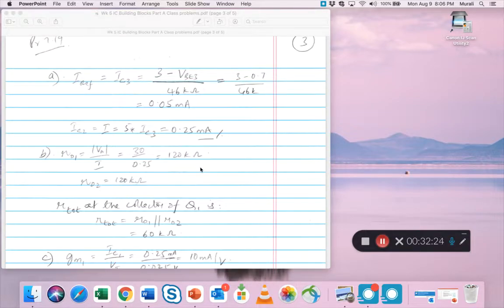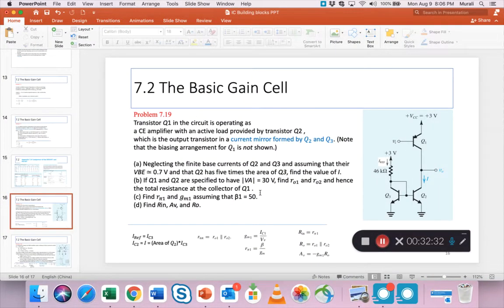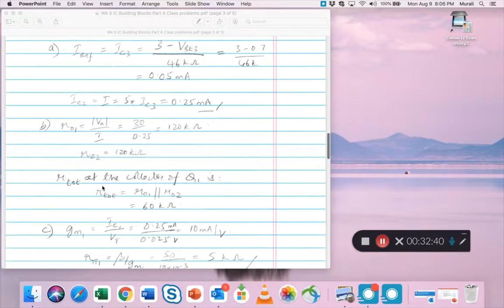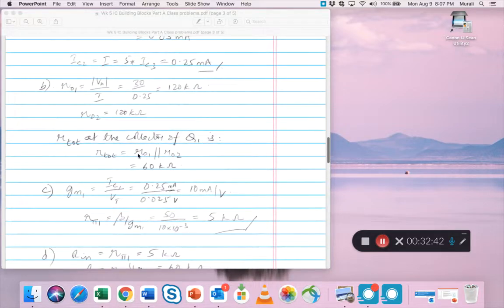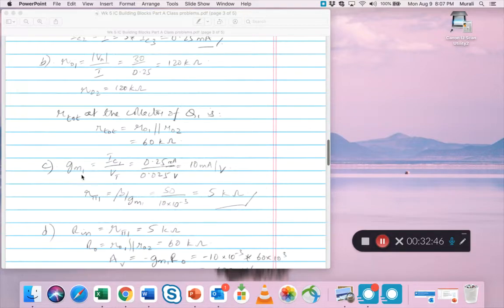Now RO1 is V by I, 30 by 0.25, 120K. RO2 also is the same, 120K, because they're all matched, right? VA is the same for both Q1 and Q2. So our total is 120 in parallel with 120, which is 60. GM1, simple, IC1 by VT.